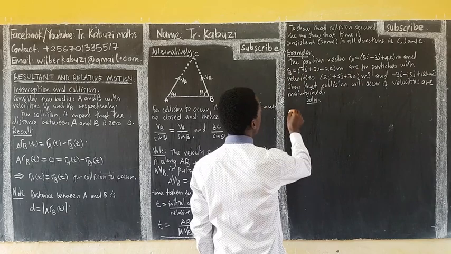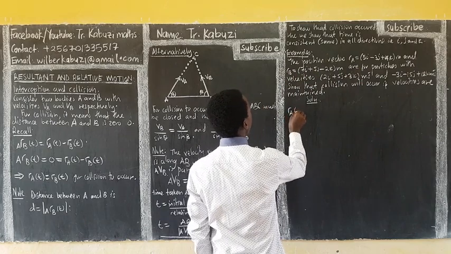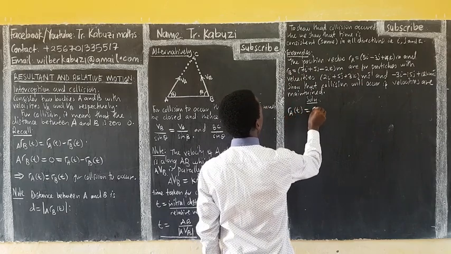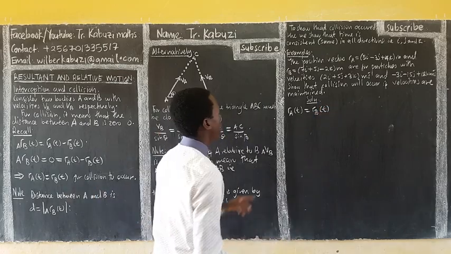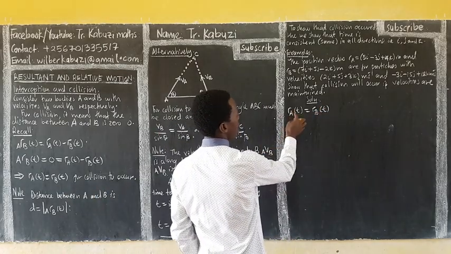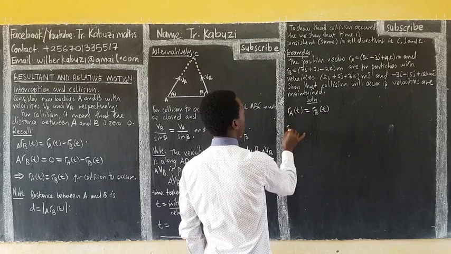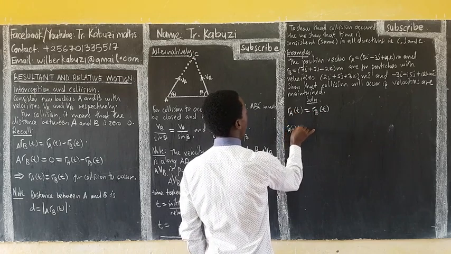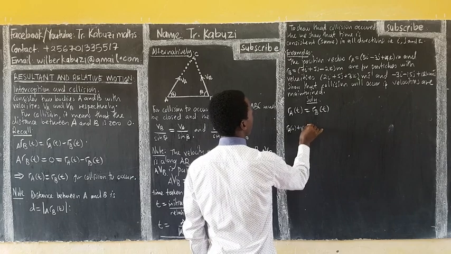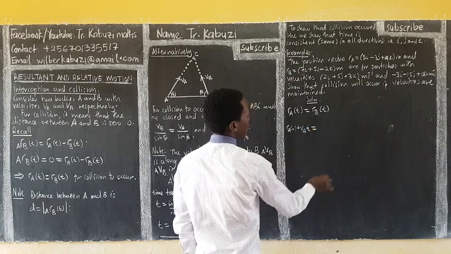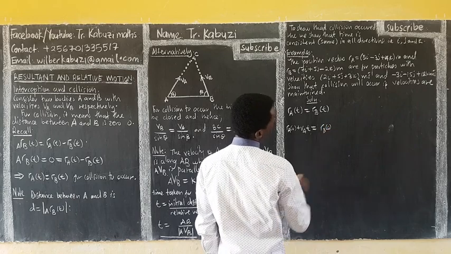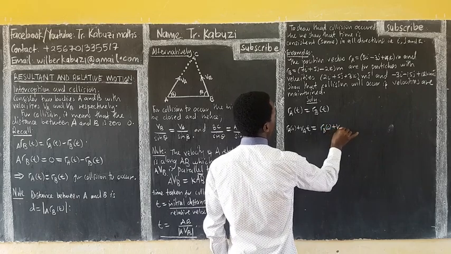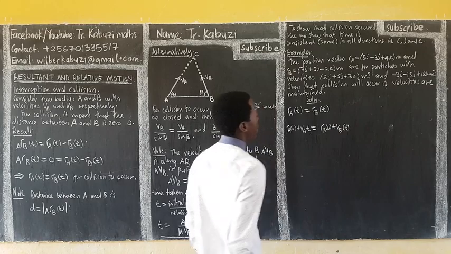So what does it mean? It means that RA at any time is equal to RB at any time. Now you know how we get RA at any time? You get the initial R, plus the velocity of A times t. It has to be the same as the position vector of B plus the velocity of B times t.